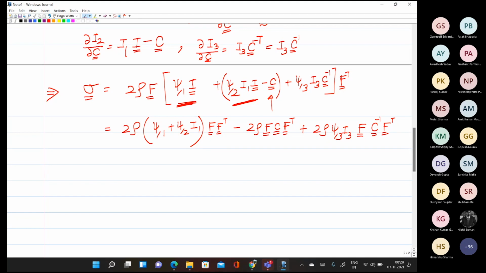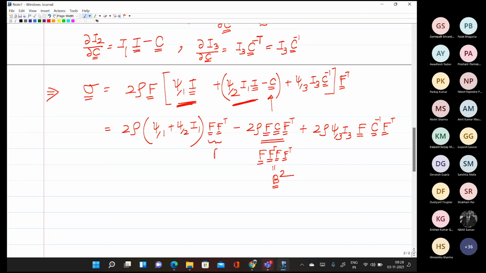Okay, and then finally we can see carefully this. For example, it is F and C is F transpose F, right? Into F transpose. So this is same as F F transpose. You remember it is B, left Cauchy green tensor. So that is B square.